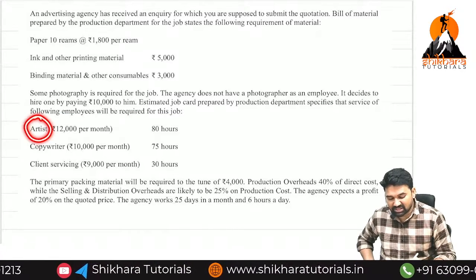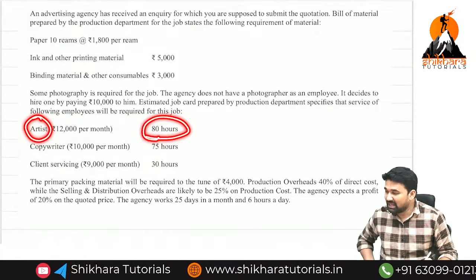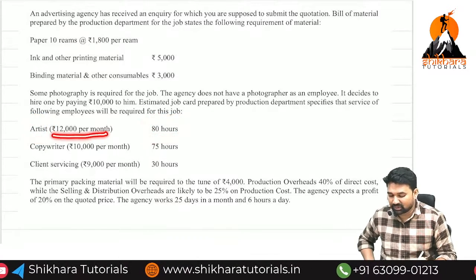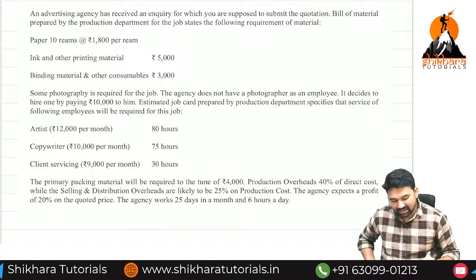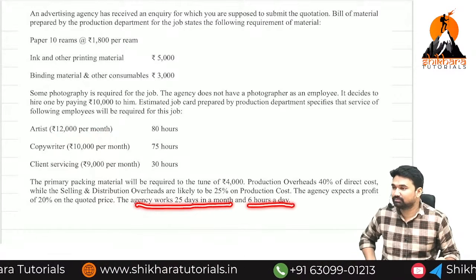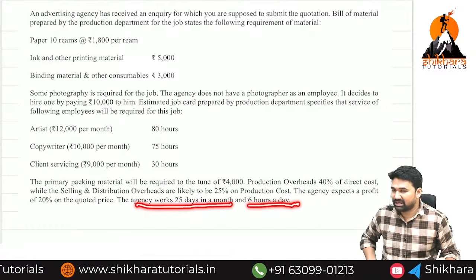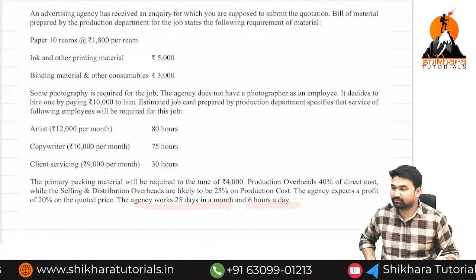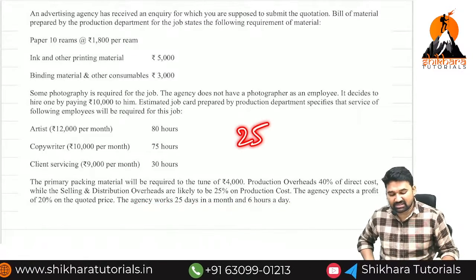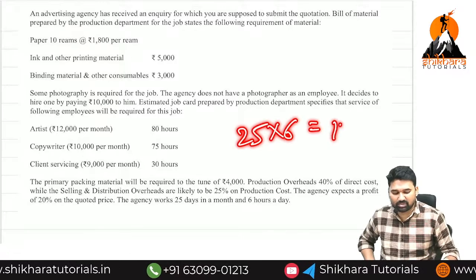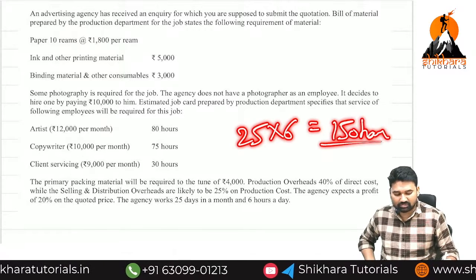Artist service is required. How many hours? 80 hours. And how much are we paying per month? 12,000. And the agency works 25 days in a month, 6 hours a day. 25 into 6, how many? 150 hours.